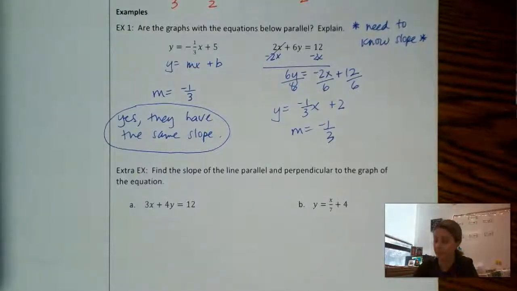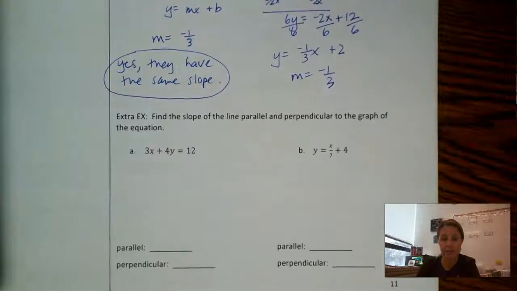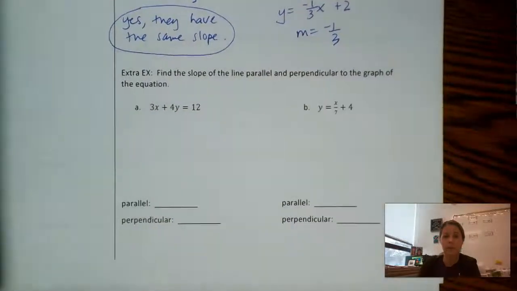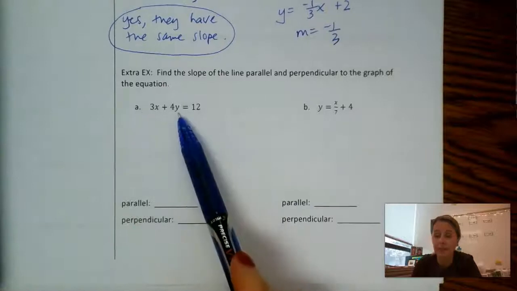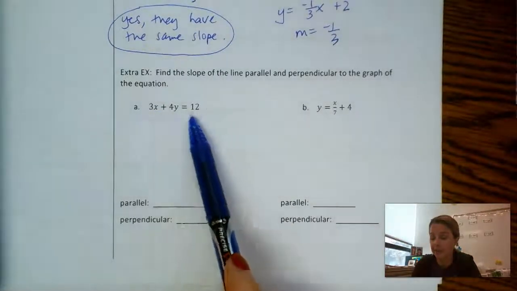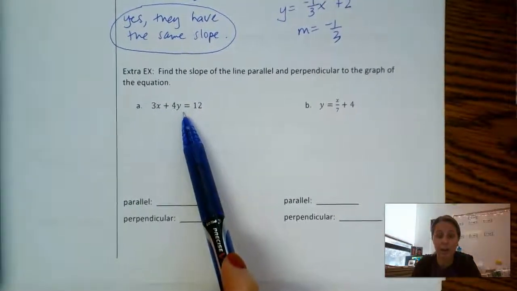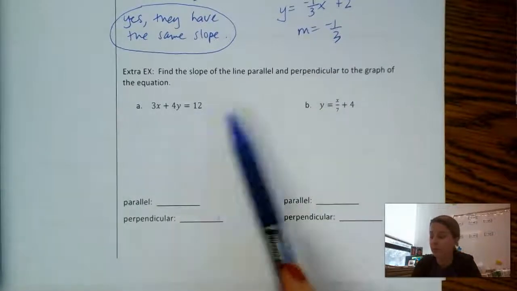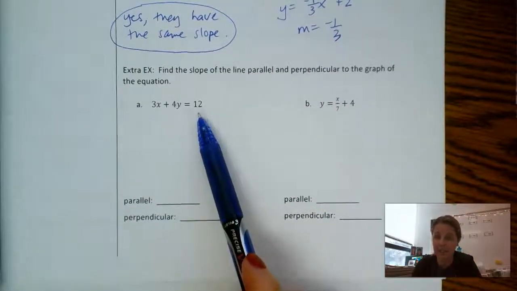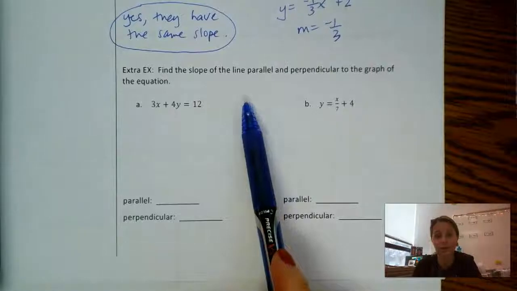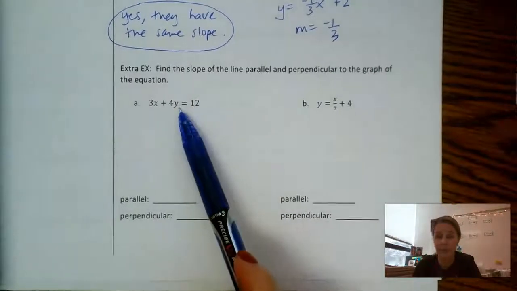Okay. All right, let's look at this extra example here. We want to find the slope of the line parallel and perpendicular to the graph of the equation. Now, the reason I keep saying the graph of the equation is, if this is a linear equation, I can put it on a graph and I should get a straight line. So what I'm saying is, if I were to get a line, what's the slope of a line that's parallel to it and perpendicular?